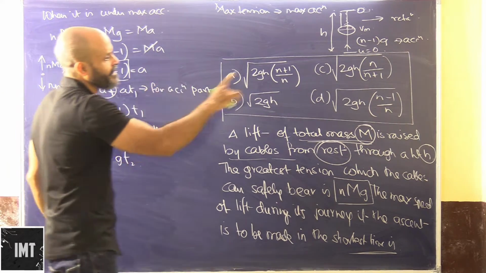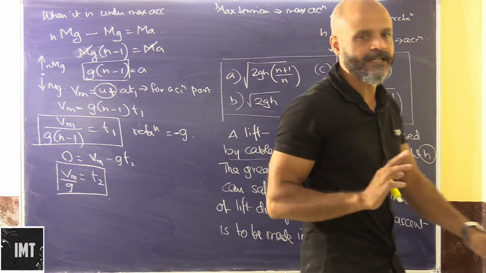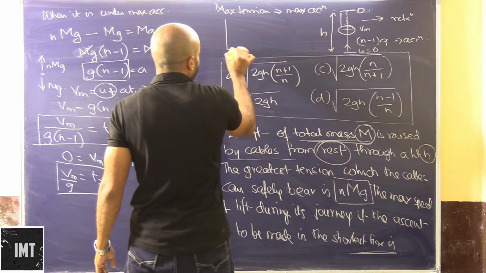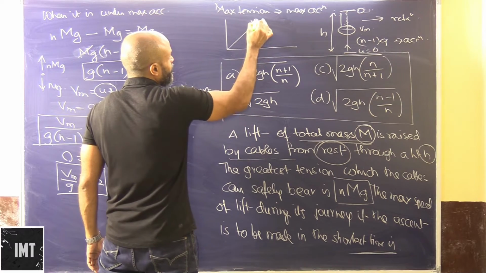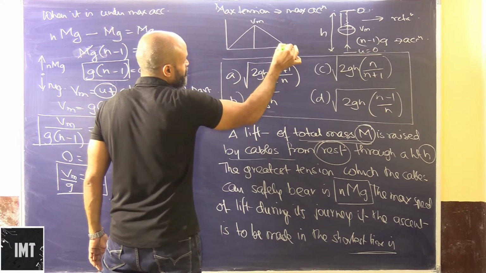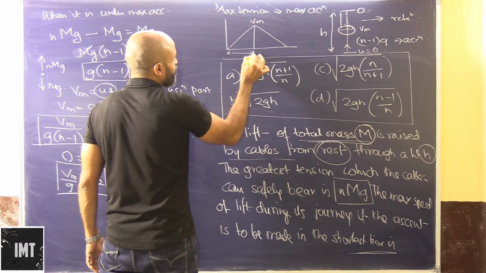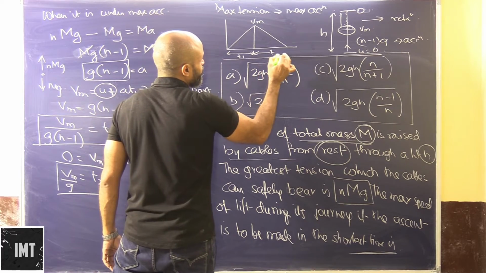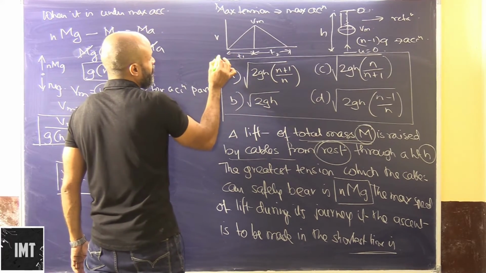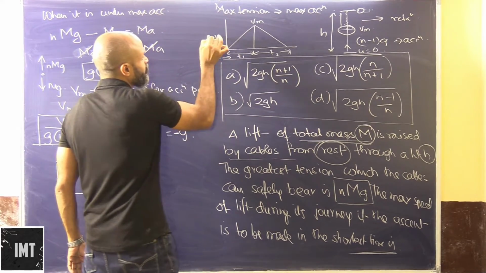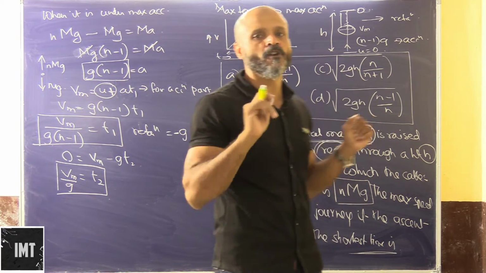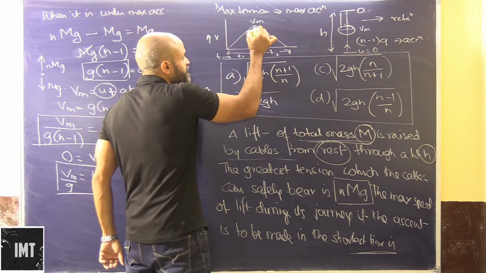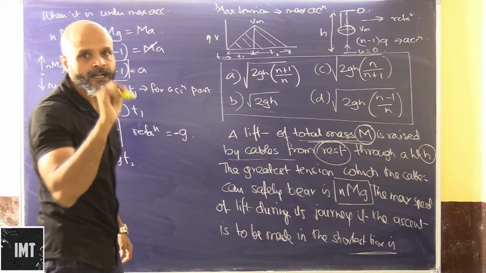If we were to plot it in a graph, the calculation will be very easy. So this would be the maximum velocity attained by it, and after this it will be 0. So let's say this is the time T1 taken and this is the time T2 taken. This is basically a velocity time graph. Now we all know that the displacement in a velocity time graph will always be the area under the curve.